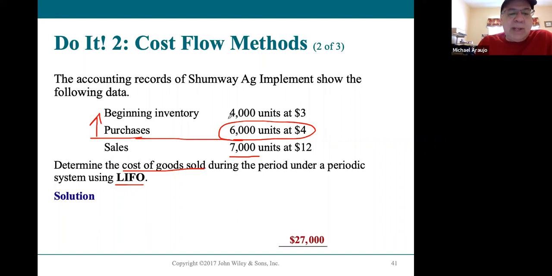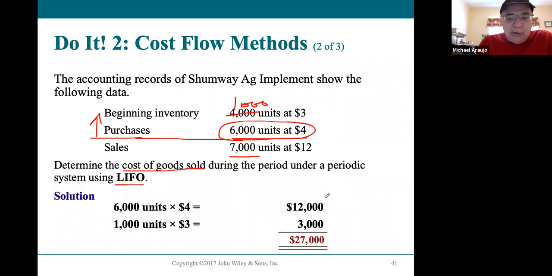And that means we needed only 1,000 of these to complete our 7,000. And so when you take these 6,000 units at $4 and these 1,000 units at $3, the cost of goods sold will be $27,000 if we use LIFO.